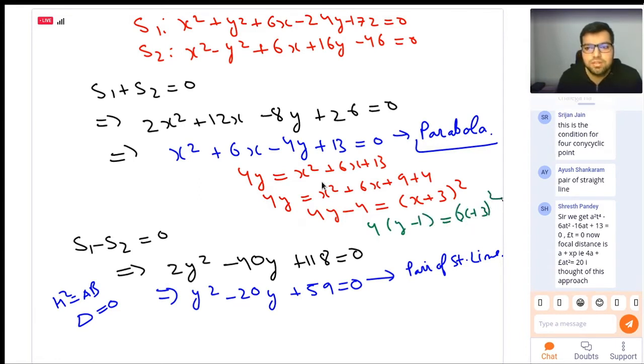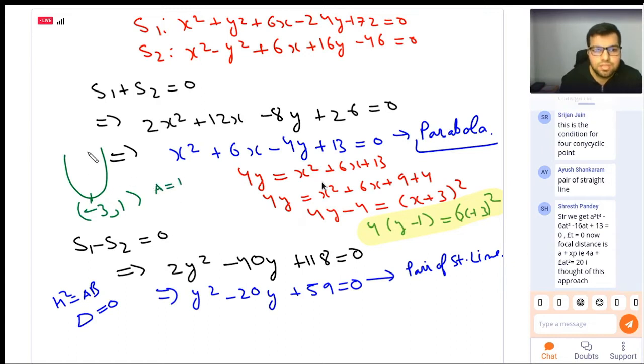So can I find out the vertex and focus from here? Yes. So see, this is an upward facing parabola with vertex at minus 3 comma 1, because I'm getting the equation as 4 times y minus 1 equals x plus 3 square. Now here a is equal to 1. So this will be the axis. Let me draw it.